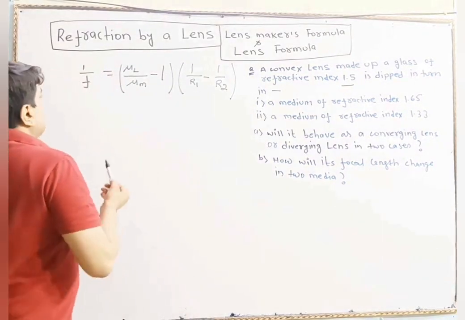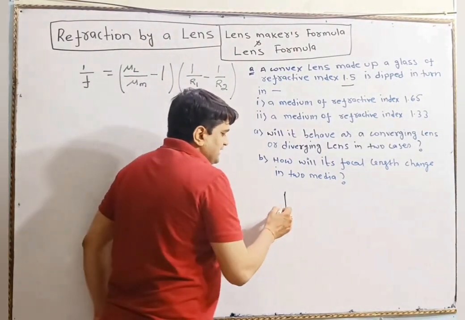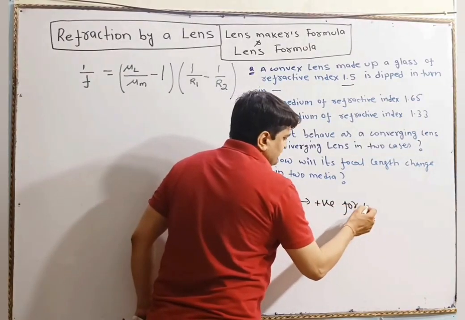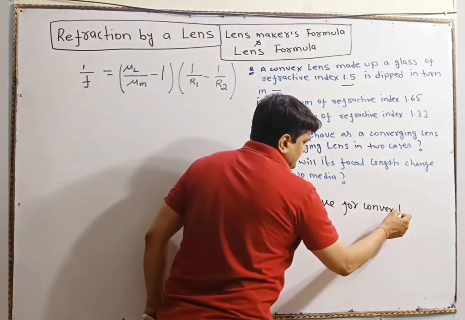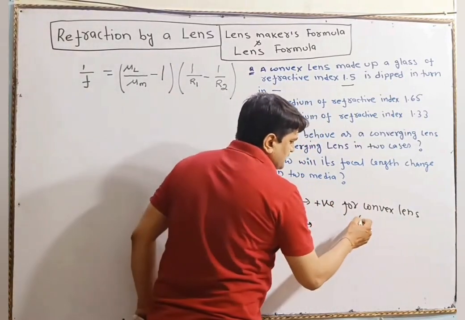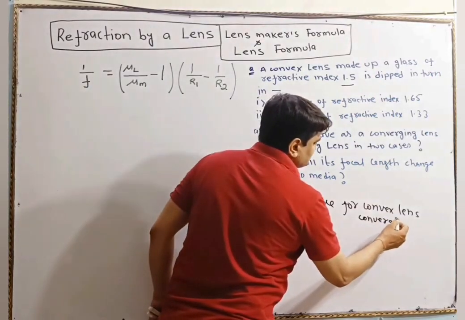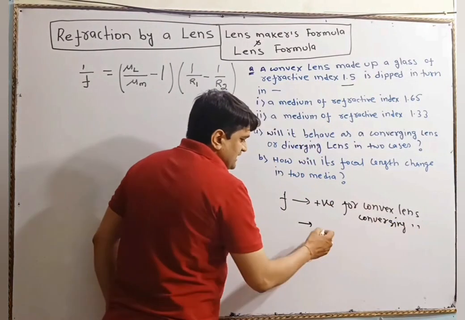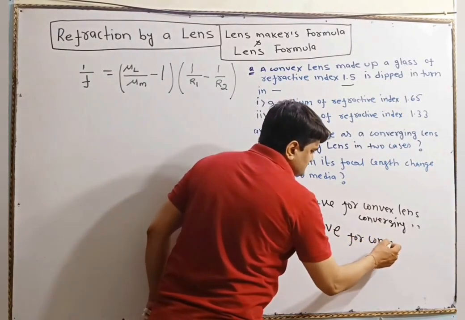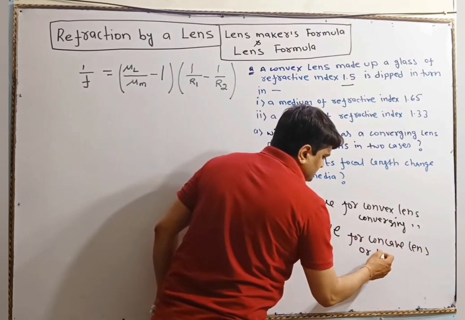Okay, and this is f. We know that the focal length is positive for a convex lens, which is called a converging lens. It will be positive for a convex lens and negative for a concave lens or diverging lens.